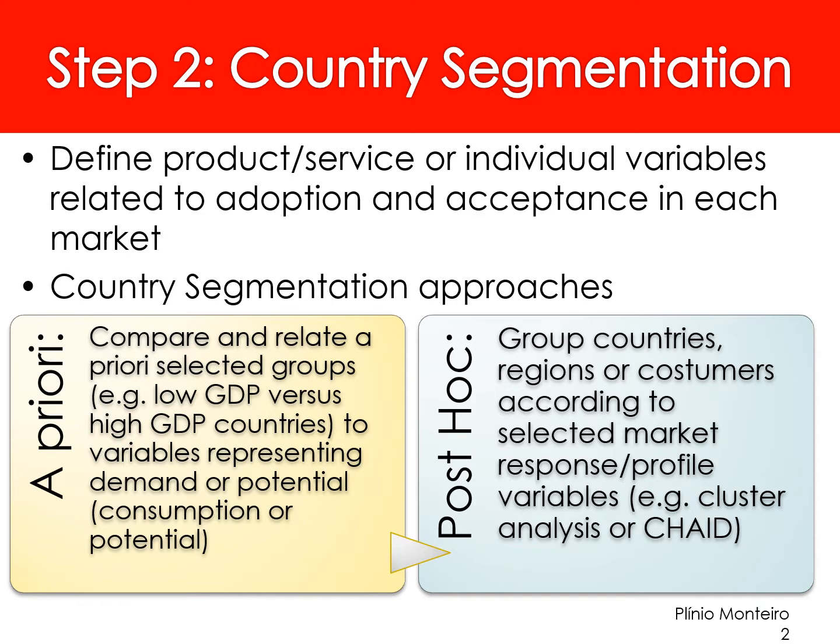In the post hoc approach, basically you're going to use some technique like cluster analysis or CHAID, and with these techniques you're going to select many variables that are relevant for your business, and then you're going to see which variables are the ones that will create groups of countries that are really homogeneous in terms of their variables.